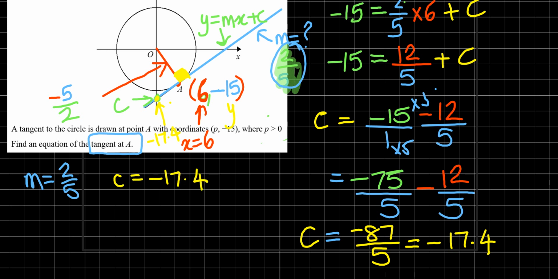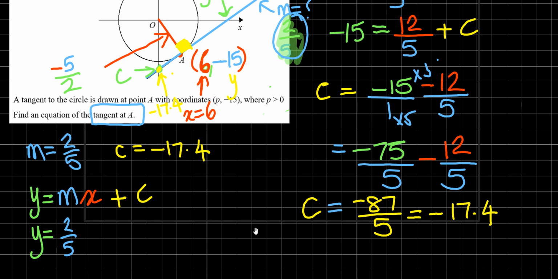So our equation of the line, y equals mx plus c, is y equals 2/5 x minus 17.4.